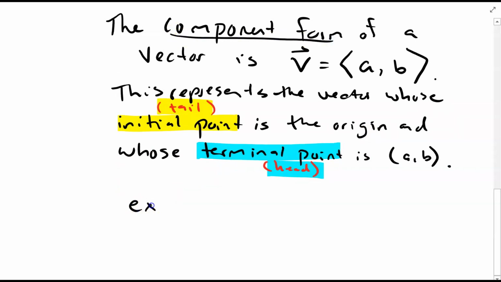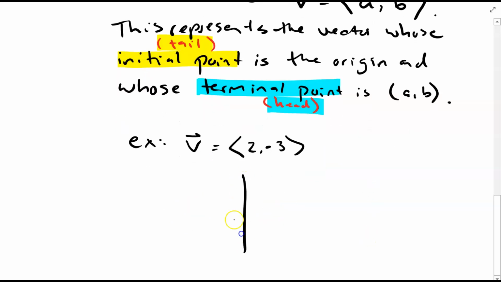So for example, if we have the vector v as ⟨2, -3⟩ and I wanted to draw that, the initial point is here at the origin, and then I go 2 to the right and 3 down.